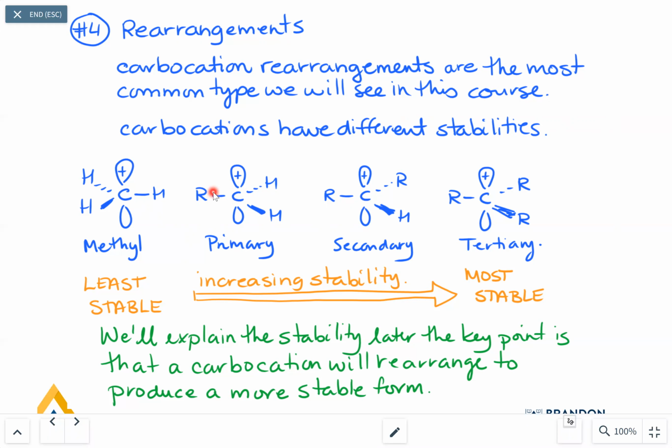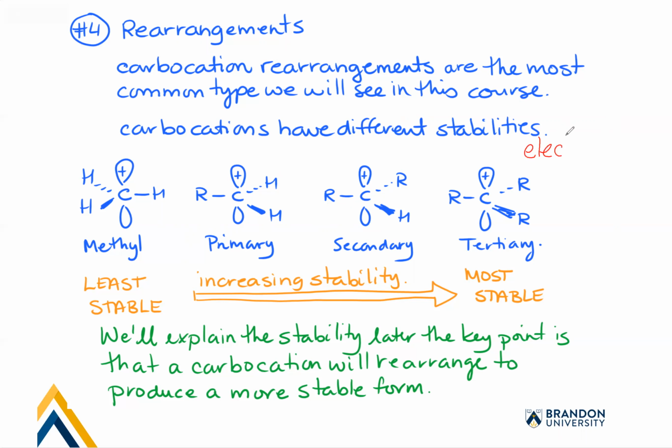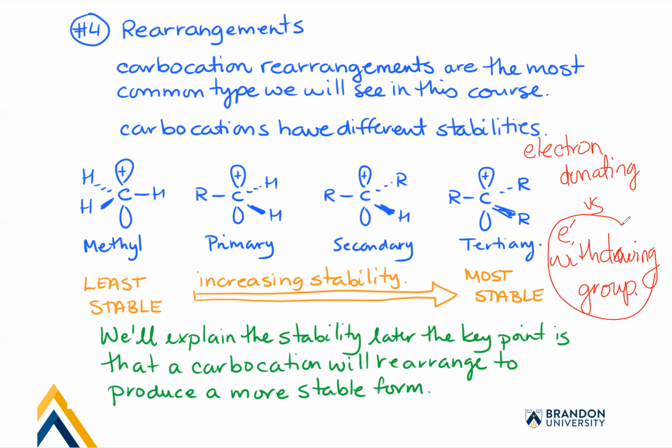But remember, when we talked about electron donating versus electron withdrawing groups, we did this right at the start of the course. So electronegative atoms were electron withdrawing groups.